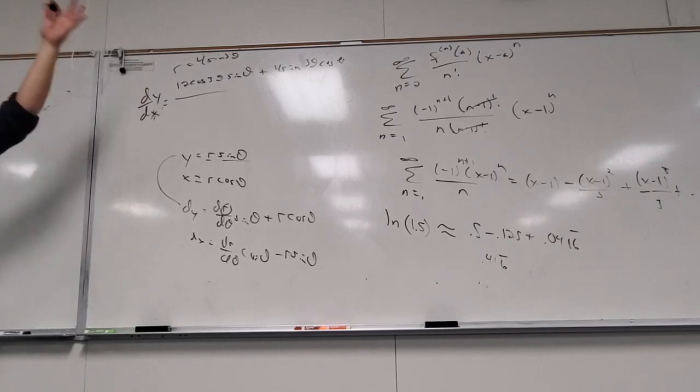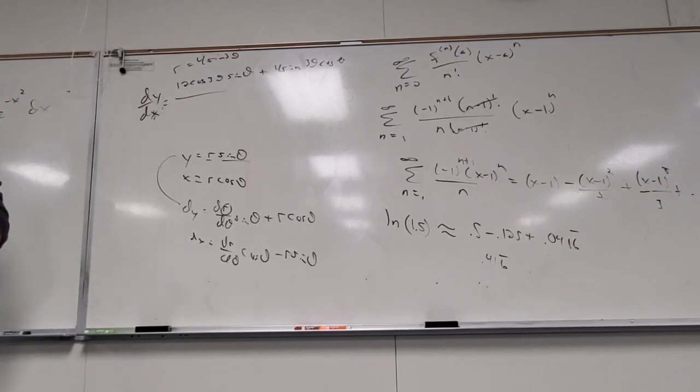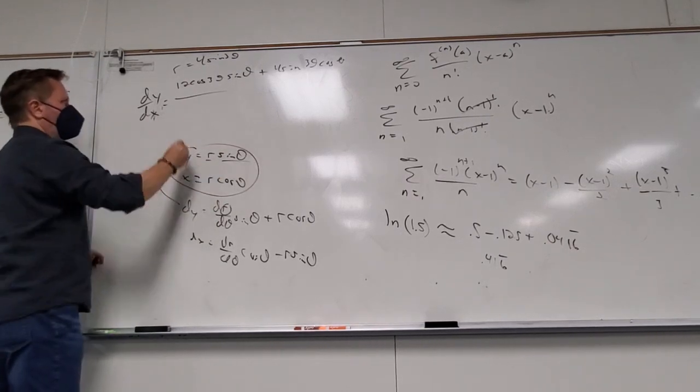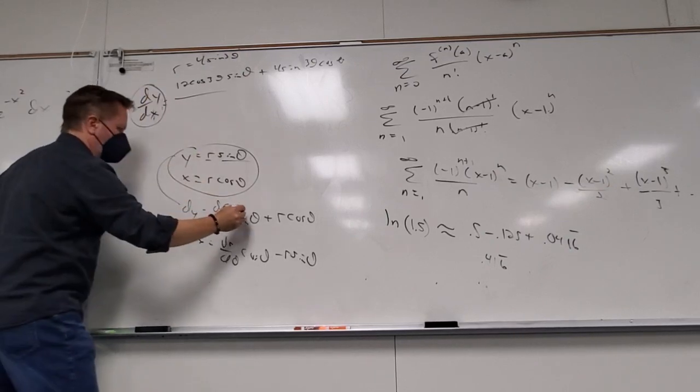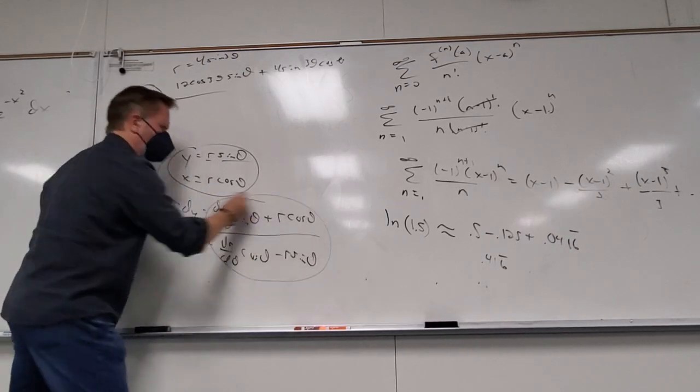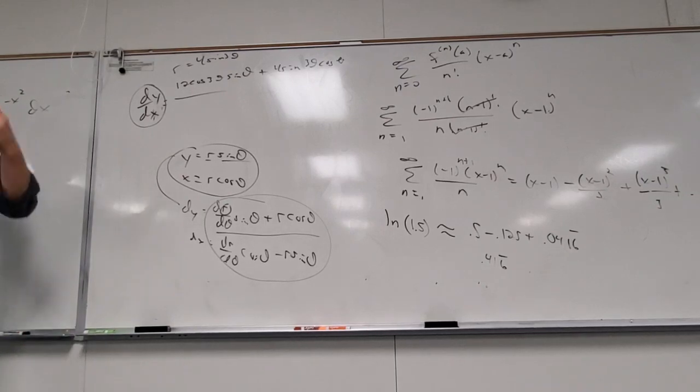And then you just plug pi over 3 into all the thetas, because that's the angle I'm interested in. Does that make sense? No? So just knowing this and this, you can create this, and then just plug it in, right?